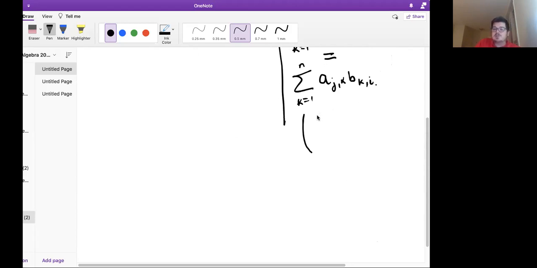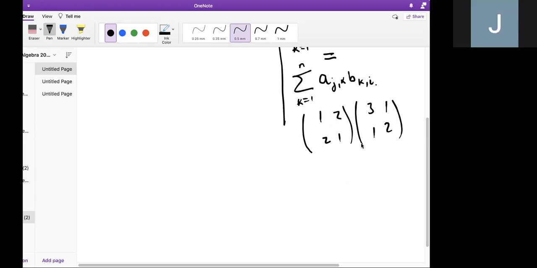Here are two symmetric matrices. Do you agree that these are symmetric? If I take the transpose of the first one, it's going to be the same thing back, and similarly the second matrix's transpose is the same.